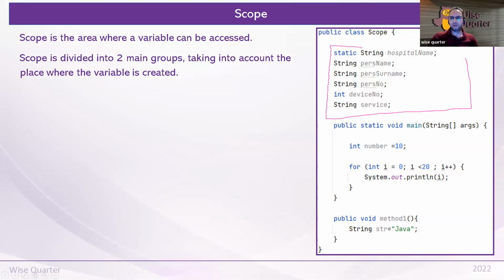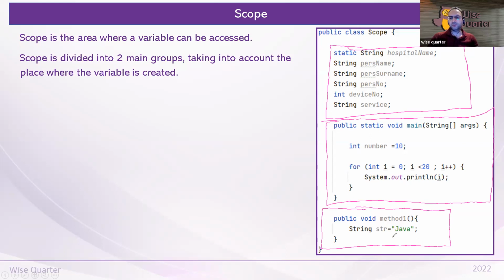This is the outside of any method. This is the main method, and you can understand that from the name. Here we have another one, method 1, another method created other than the main method.